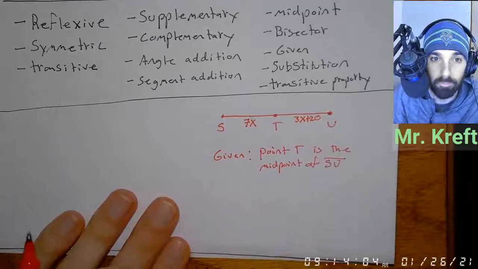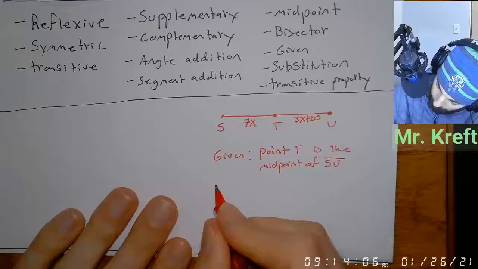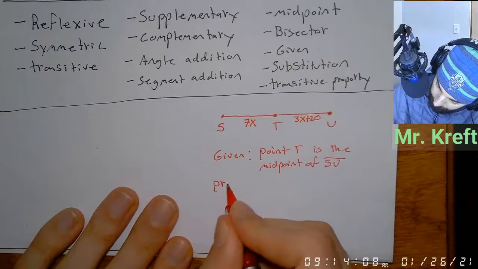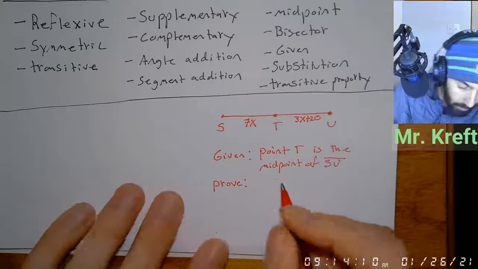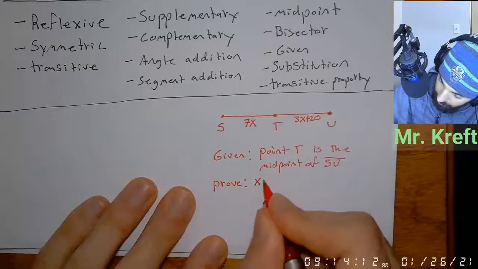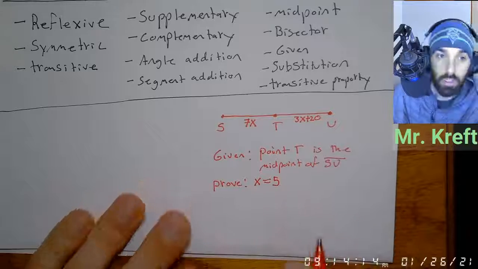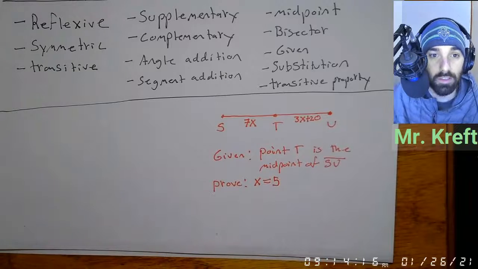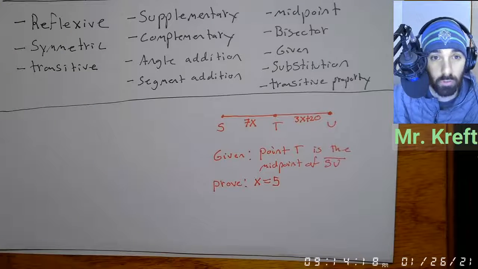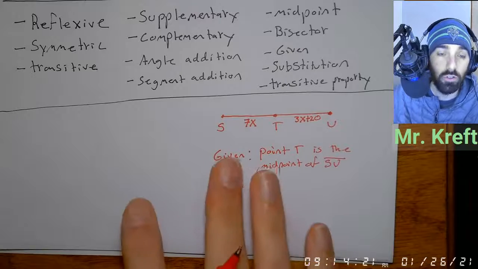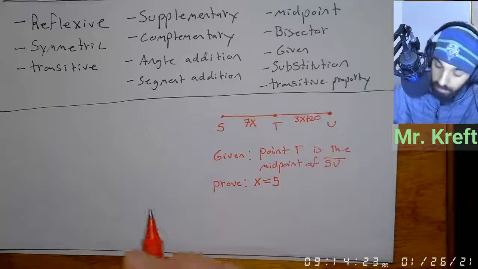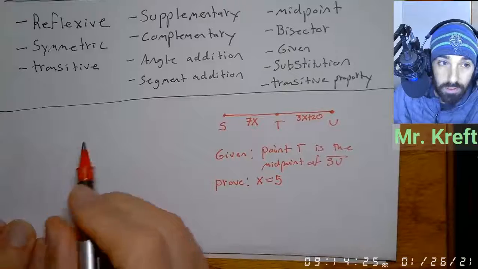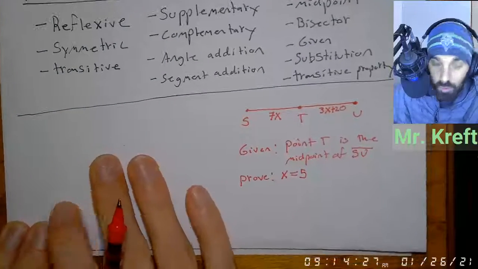That's going to be given. And then what we're going to try to prove is that x equals 5. So again, we're going to have some algebra in this one, right? So we're transitioning from algebra to geometry, but we're introducing more geometry. Okay. So to do this, right, gosh, there's a lot of setup for proofs, isn't there?